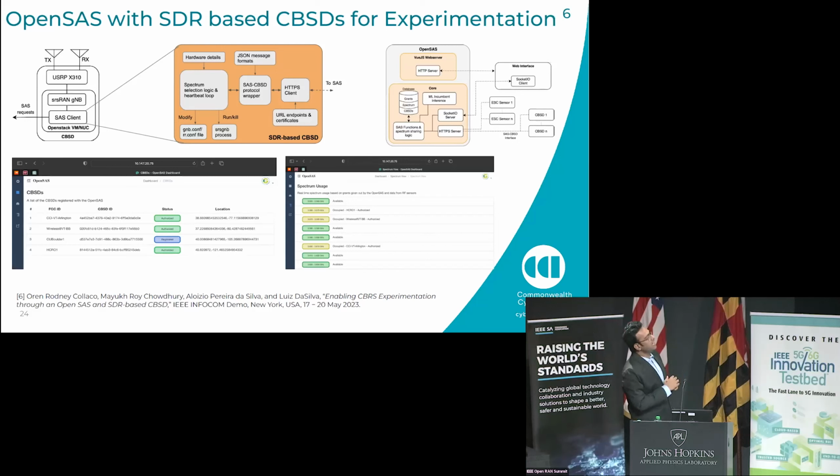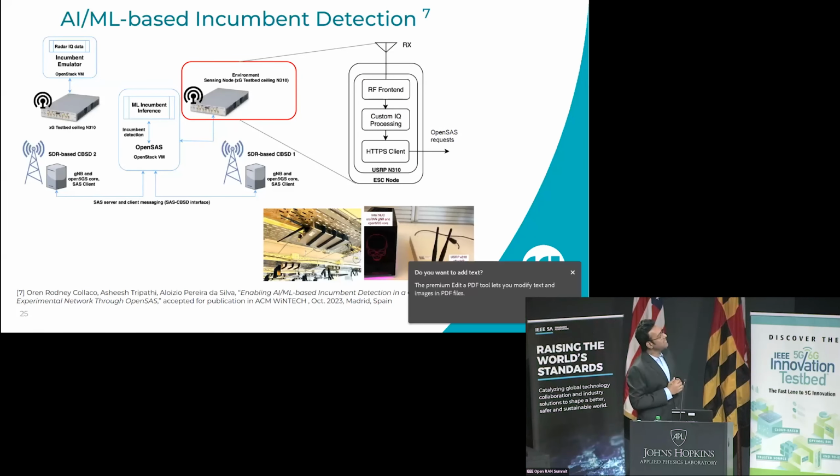This is a picture of the demonstration that we gave at the IEEE Infocom demo on the integration of Open SAS with the SDR-based CBRS CBSDs. I'm just glancing through this, as this is another work that we are currently doing. Some of the functionalities which are part of the SAS involve some intelligence. One of them is incumbent detection.